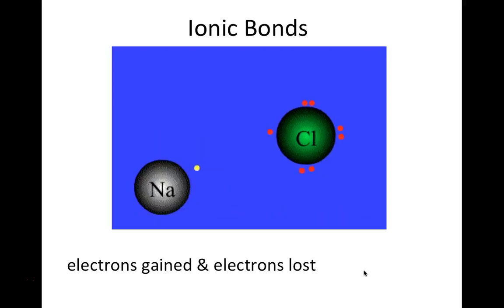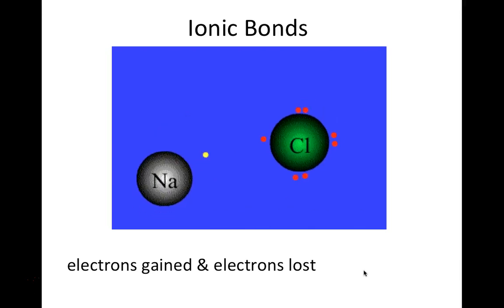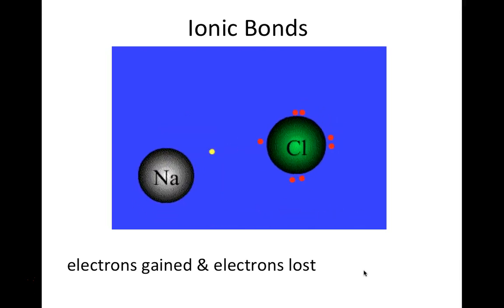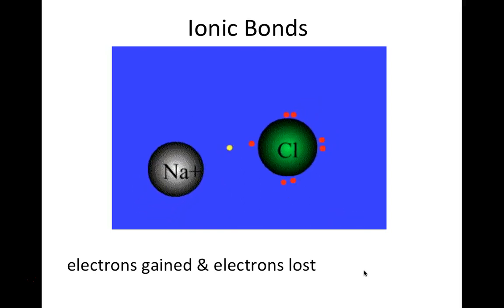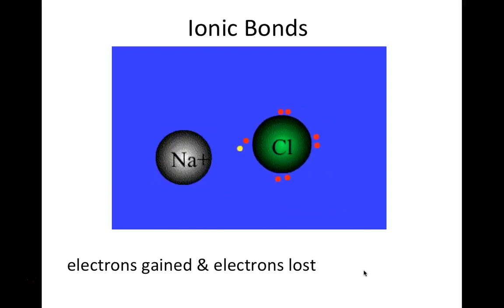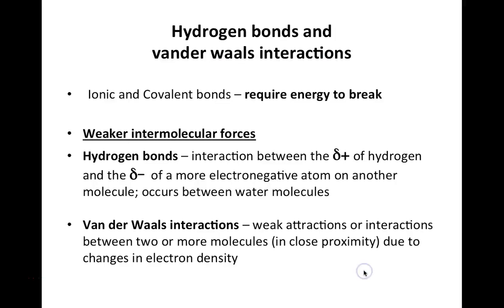Again, notice that the charge on the illustration of these atoms changes from just straight sodium and chlorine to Na plus and Cl minus, or a sodium ion and a chloride ion.